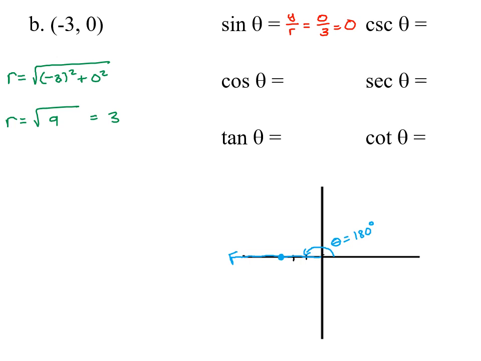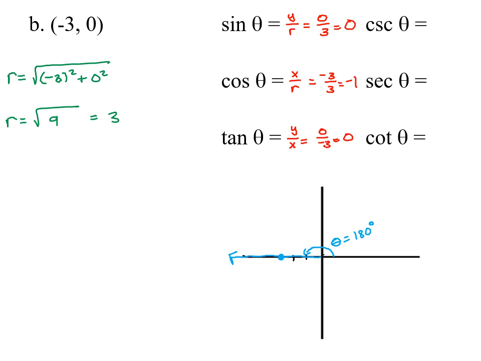If you do cosine, that is x over r. So I'll get -3 over 3, which is actually -1. And again, you could do that in the calculator. If you typed in cosine of 180 degrees, it should give you exactly -1. And tangent is y over x. So I get 0 over -3, which is 0. Again, you could type that in the calculator.